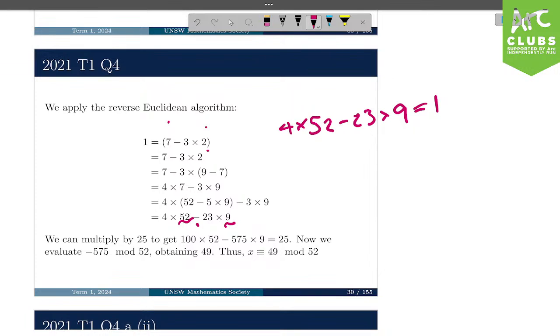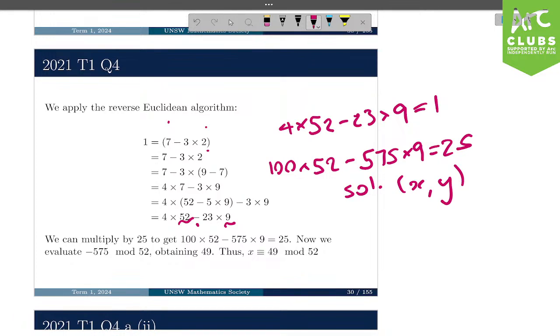And what we can do now is multiply both sides by 25. By doing that, we'll get 100 times 52 minus 575 times 9 is equal to 25. And we thus know one of our solutions for our pair x and y, with 9x plus 52y is equal to 25.